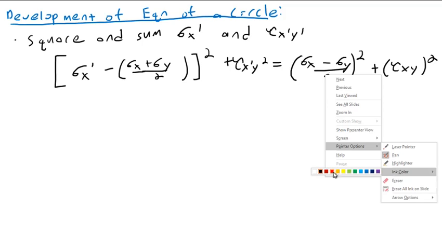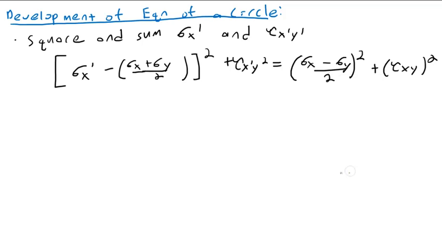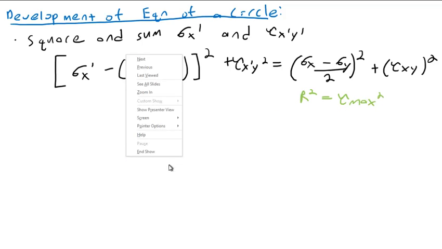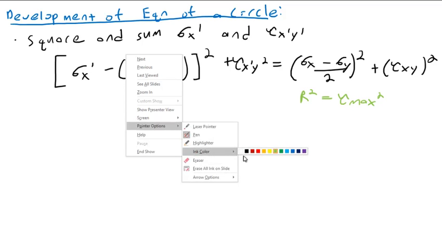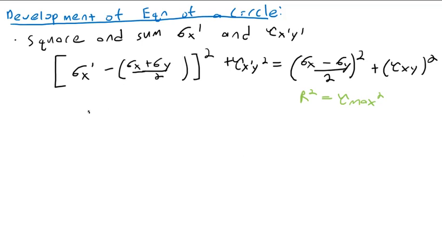And essentially what we can say here is that the radius of the circle squared, r squared, is equal to tau max squared. So in other words, the magnitude of the radius is equal to the magnitude of the maximum shear stress. So I know the equation of a circle. The standard form is going to have an x and a y axis. However, this x and y axis is going to be a plot of the shear and normal stress.